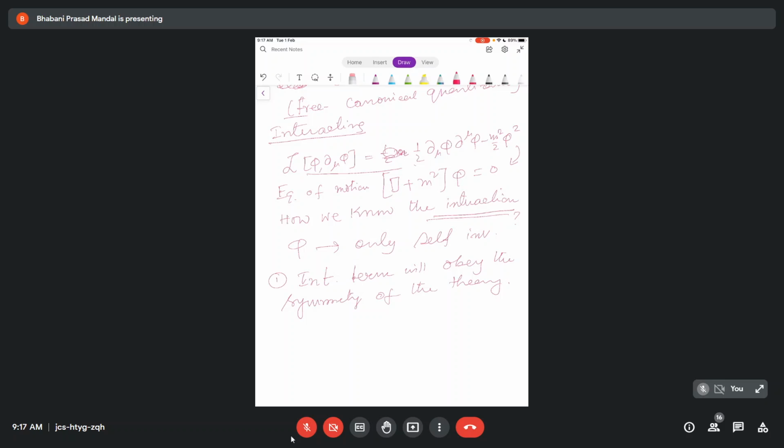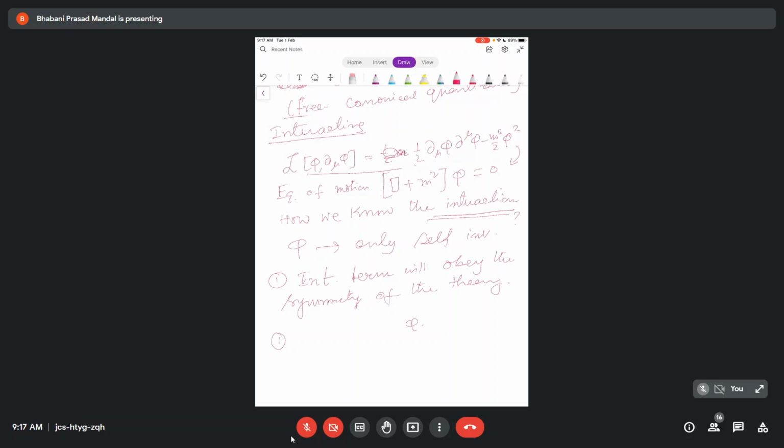So what is the symmetry of the theory? Because the free scalar field has certain symmetry. So free scalar field, what symmetry does it have? Riyasat, a free scalar theory. Rotational and translational.